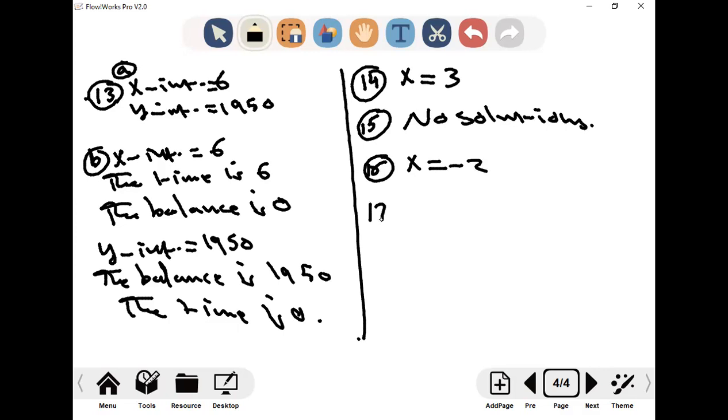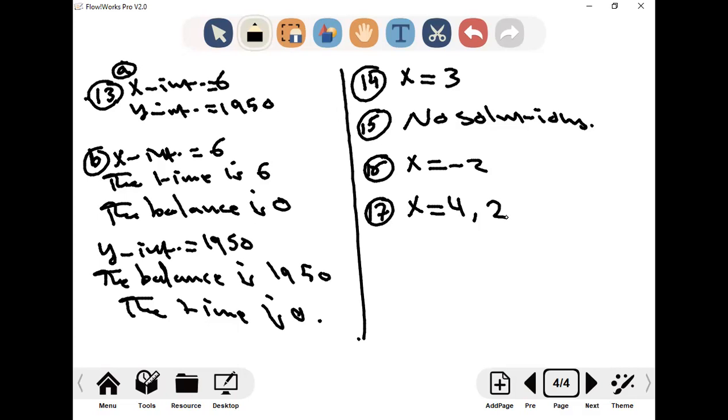Question 17. So x can be 4 and can be 2. 18, 19 we didn't ask, right? In 18, no solution, yes. 19, 2 and -3. But it's not wanted.